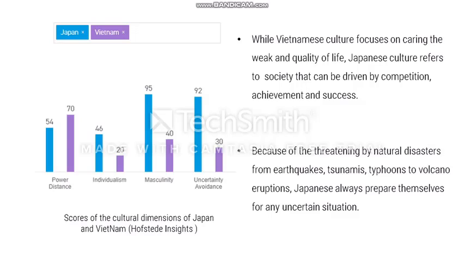Besides that, because of the threat of natural disasters from earthquakes and typhoons to volcano eruptions, Japanese always prepare themselves for any uncertain situation. So that's the reason why they have quite a high score of uncertainty avoidance with 92.